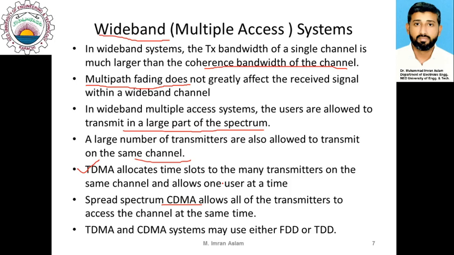So there are different codes allocated to each signal, like we have discussed in the spread spectrum technique, that we generally allocate a pseudo random code to each signal, so that it can be spread in the frequency domain, and multiple signals can be transmitted at the same time.